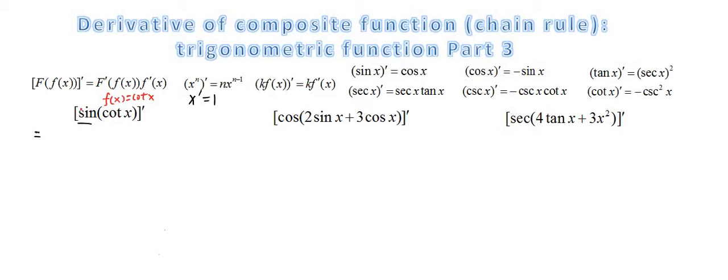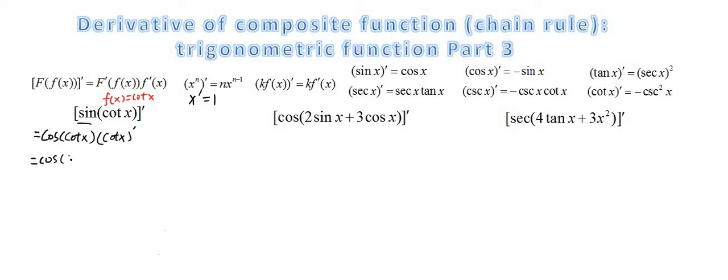The derivative of capital F is going to be cosine, right? Because here it is sine, so it should be cosine. So we have cosine of f(x), which is cotangent x, times the derivative of f(x), that is cotangent x prime.